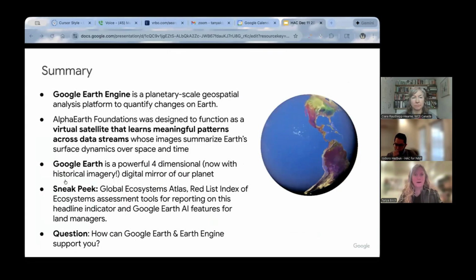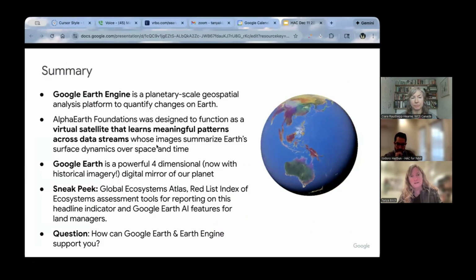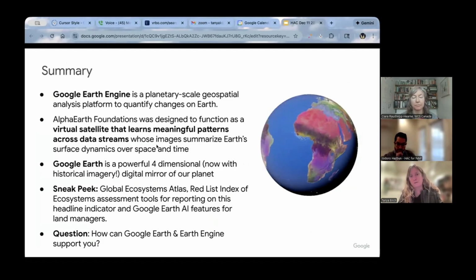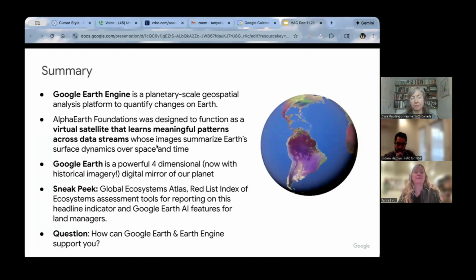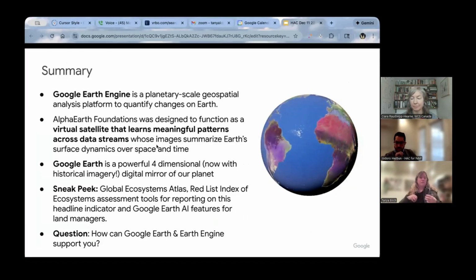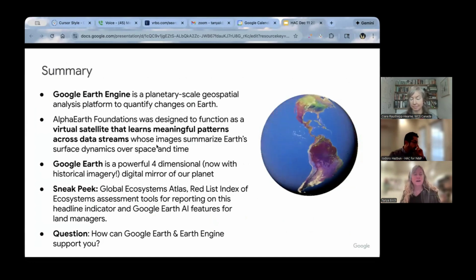So just to wrap up, Earth Engine is open, free to use for academic use cases. There's also a commercial offering, a planetary scale geospatial analysis platform to quantify changes on the Earth. AlphaEarth Foundations acts like a virtual satellite that's learned these patterns across a variety of different data streams.